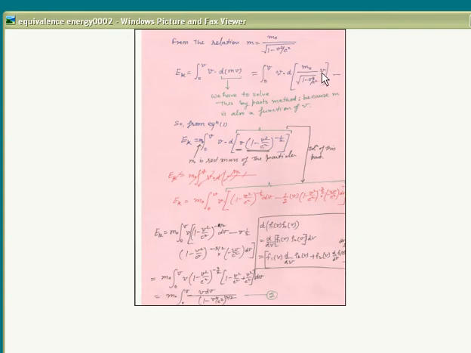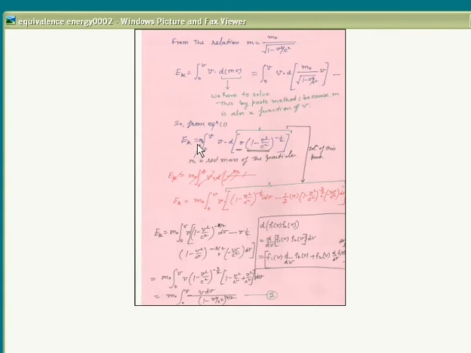So basically we have to solve this part by the parts method, because m is also a function of v. M naught is a constant quantity for this formula.